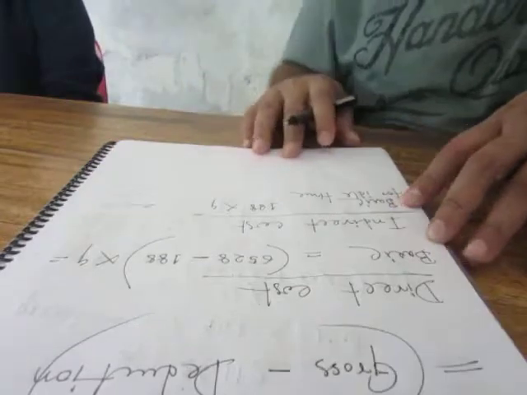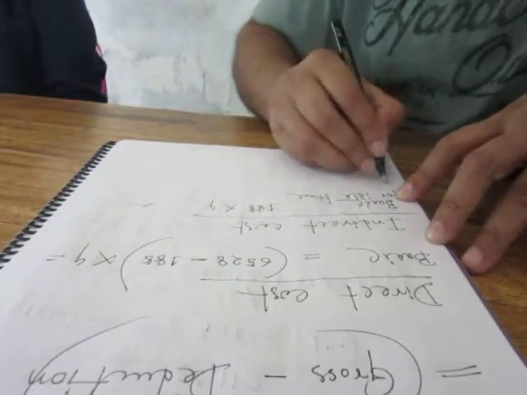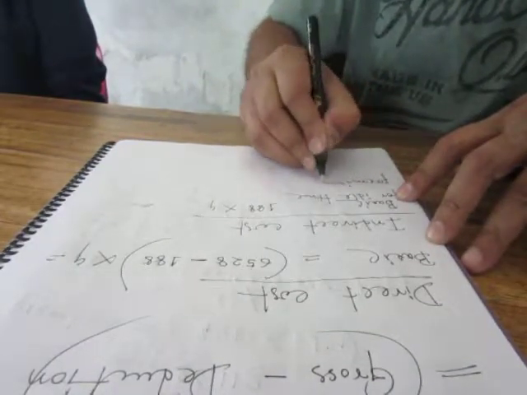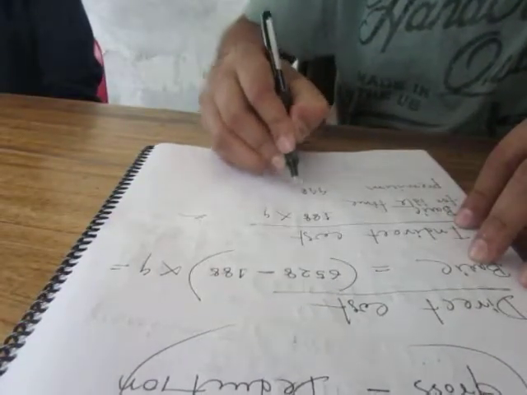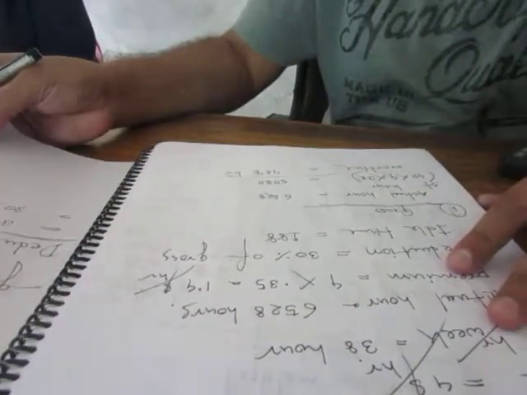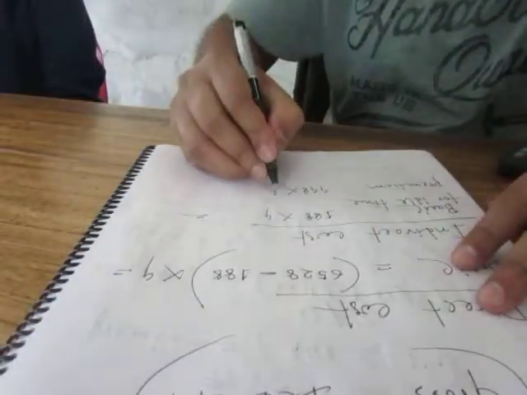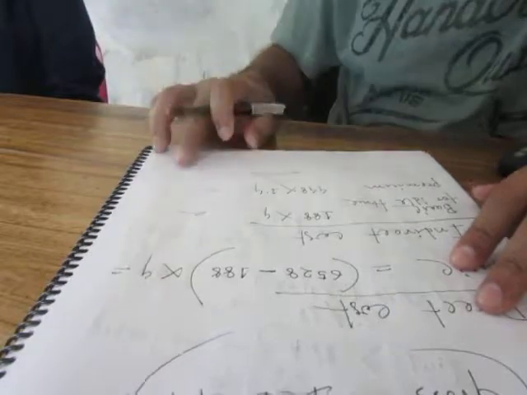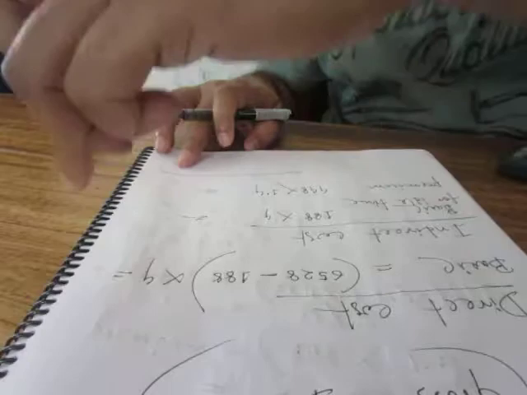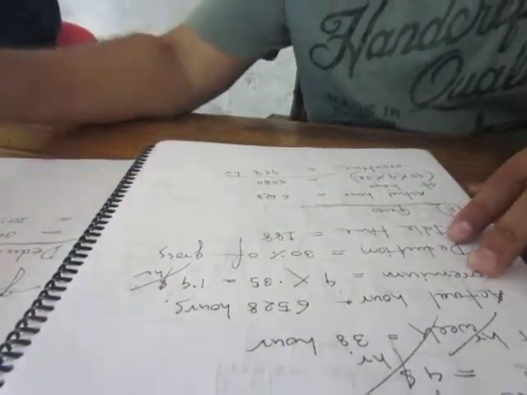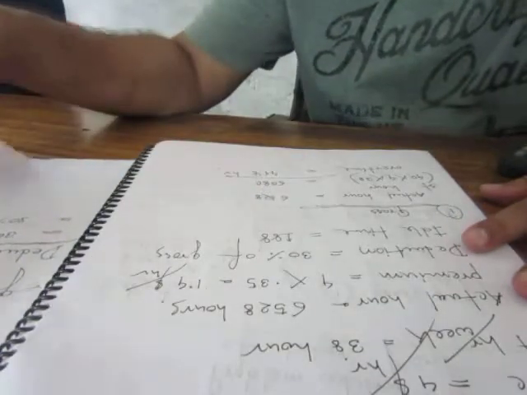Then premium: you are provided overtime for 448 hours, and your premium is 1.4. So this amount will provide you the total indirect portion of cost. When you add up this direct and indirect portion of cost, this total will be equal to your gross. Clear? Okay, then.